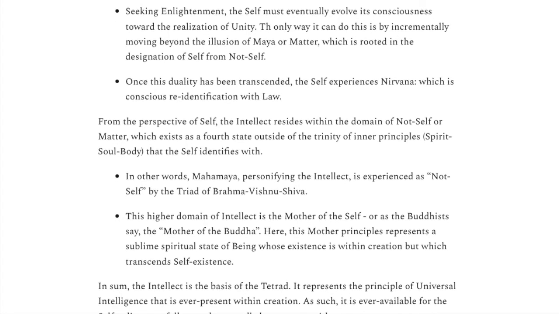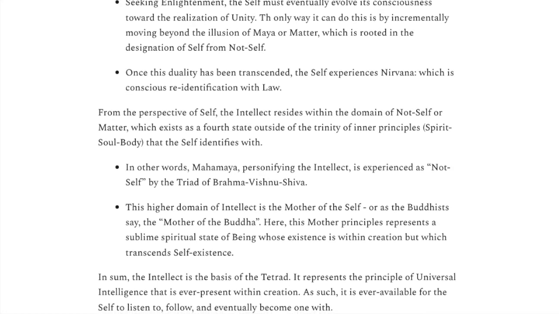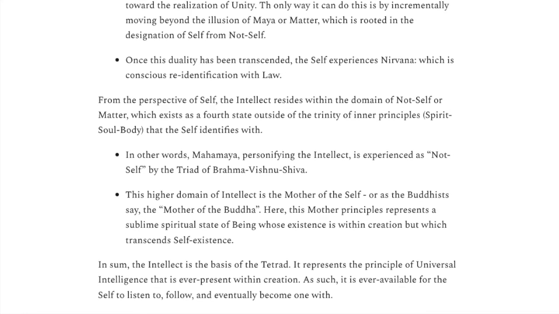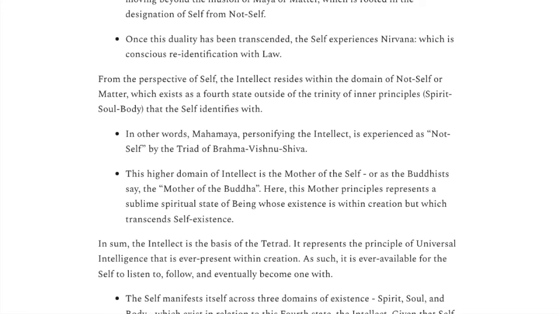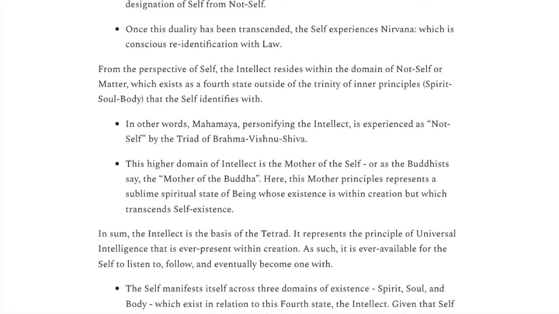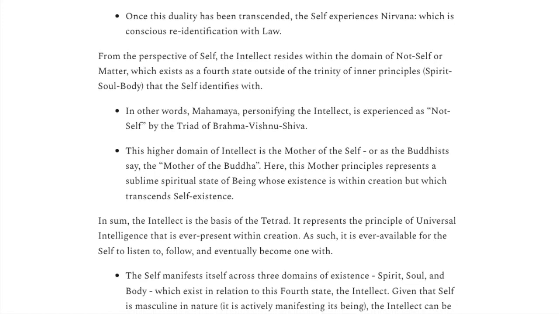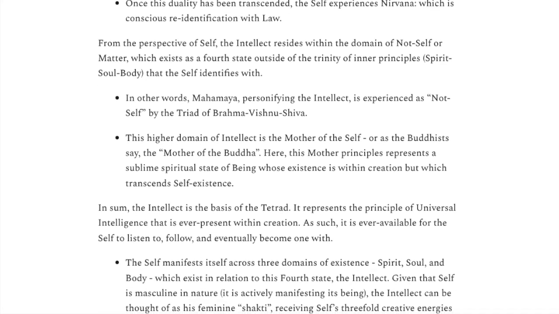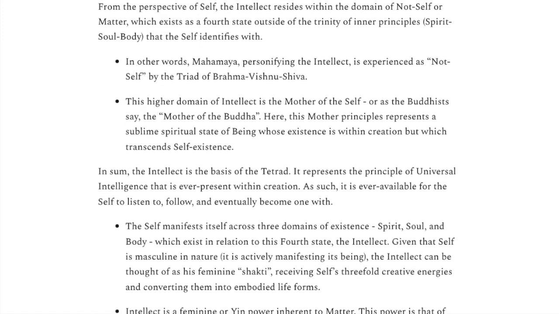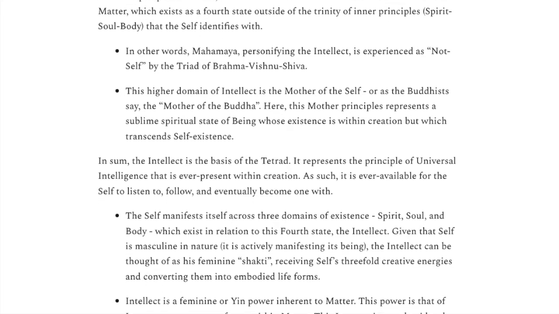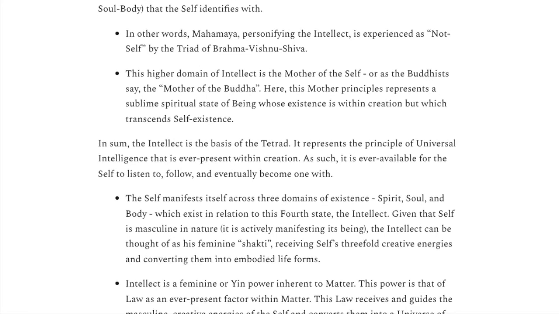In sum, the intellect is the basis of the tetrad. It represents the principle of universal intelligence that is ever present within creation. As such, it is ever available for the self to listen to, follow, and eventually become one with. The self manifests across three domains of existence: spirit, soul, and body, which exist in relation to this fourth state, the intellect.